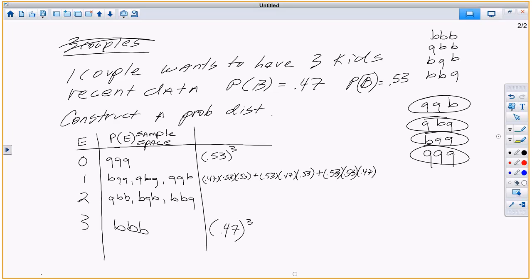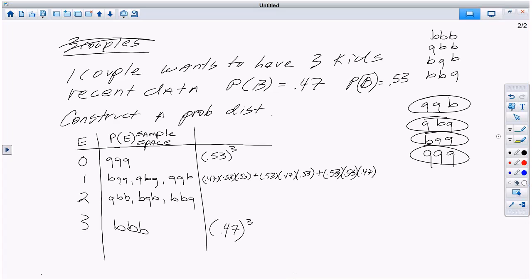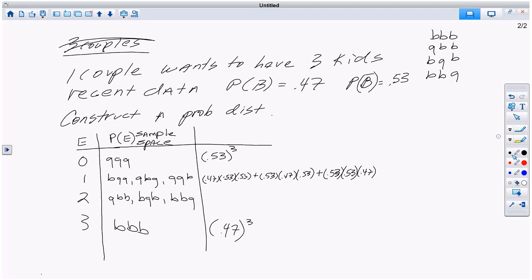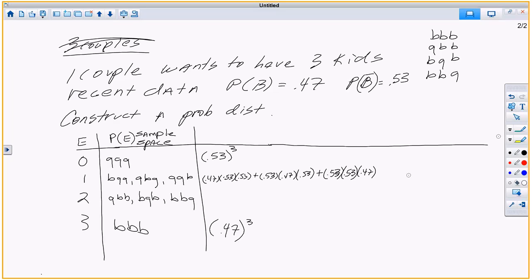So I'm going to go over here. I'm going to erase my sample spaces over here. So I'm going to write this as 3, because I'm adding 2 plus 2 plus 2. 3 times 2 is 6. 2 plus 2 plus 2 is 6. So I'm multiplying. 3 times 0.47 times 0.53 what? Squared.